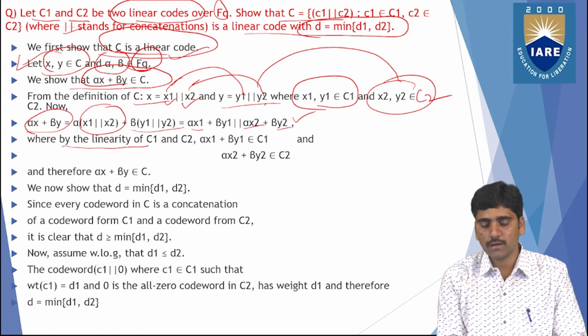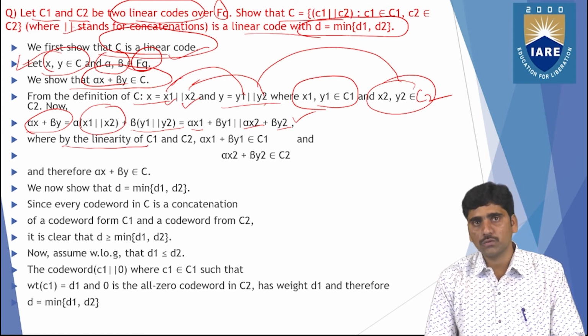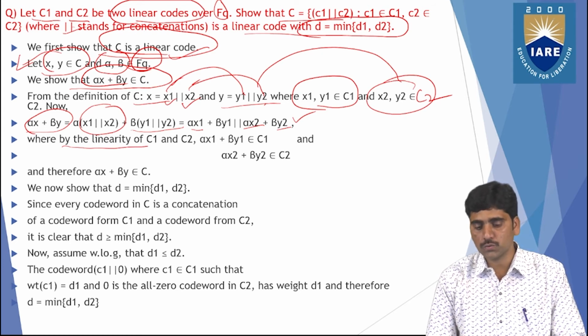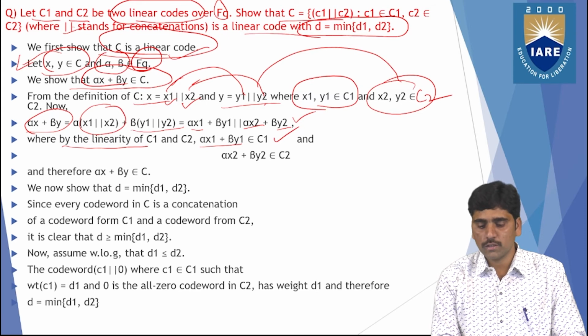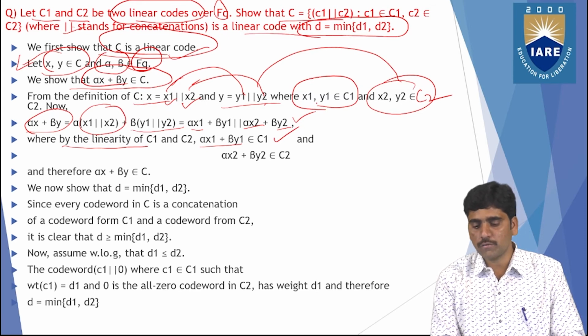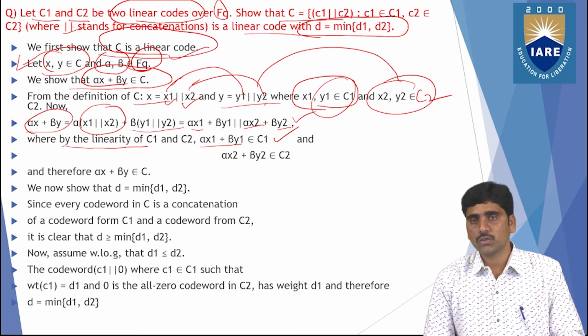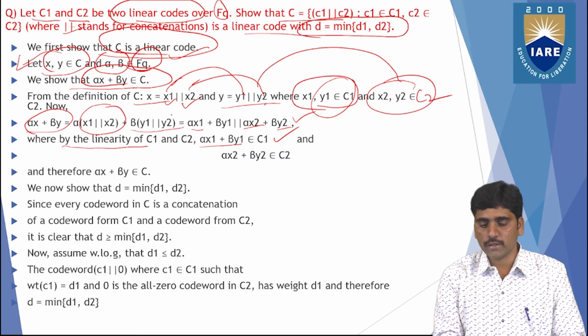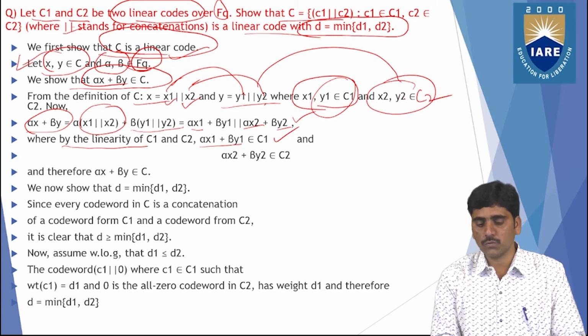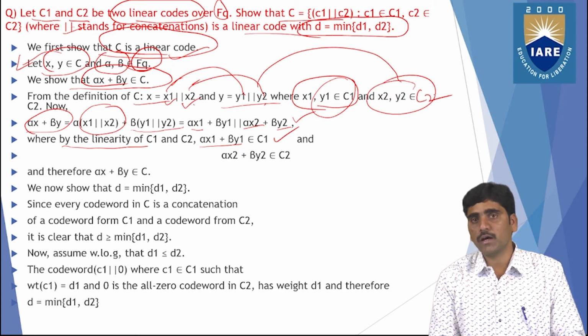So by the linearity of C1 and C2, alpha x1 plus beta y1 belongs to the C1 group, right? Here we mentioned that x1 and y1 belong to C1. So we conclude that alpha x1 plus beta y1 belongs to C1, and alpha x2 plus beta y2 belongs to C2, since x2 and y2 belong to the C2 group.